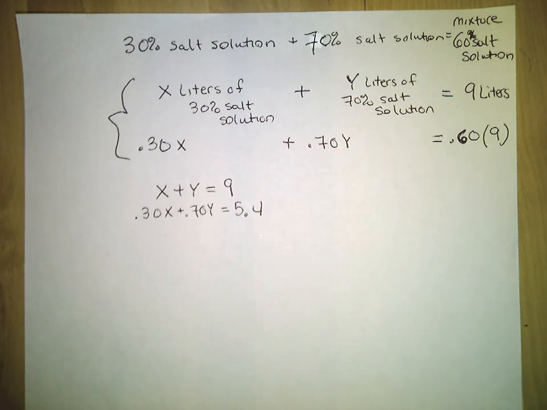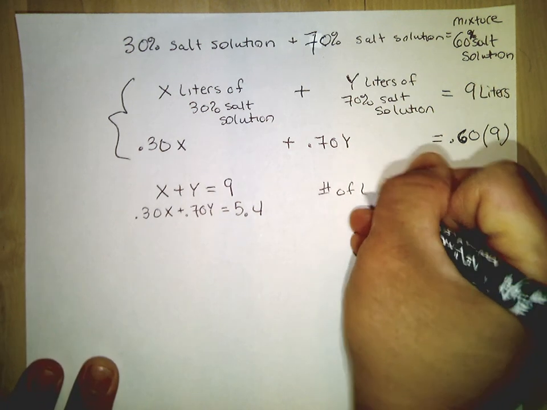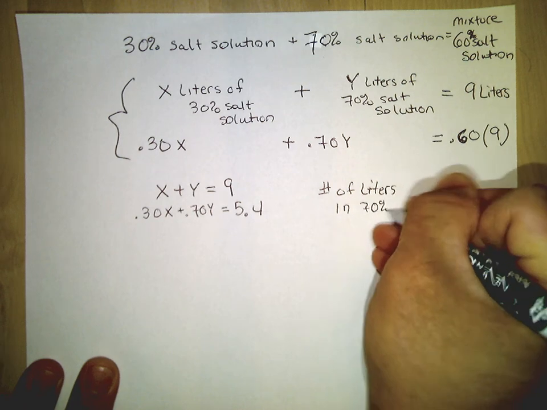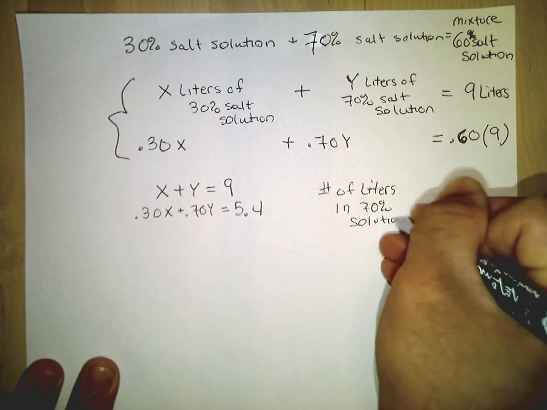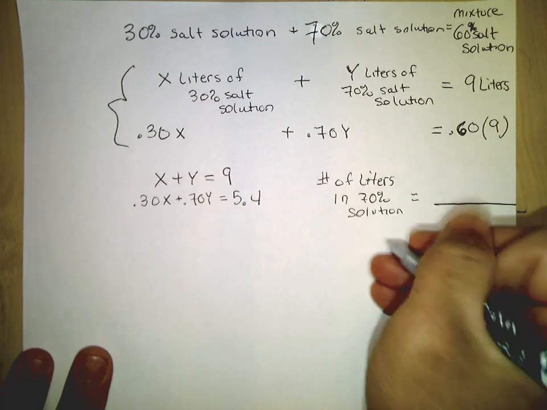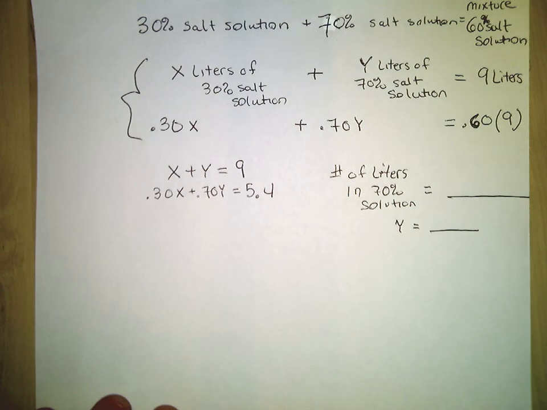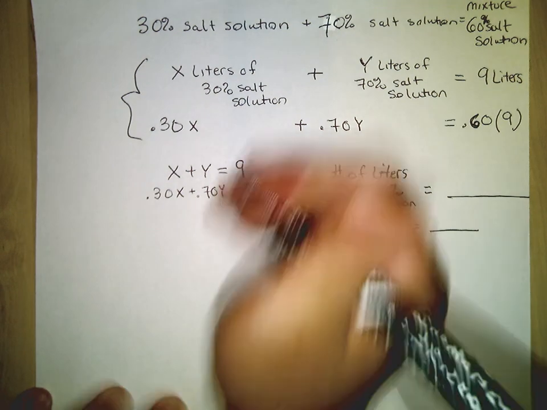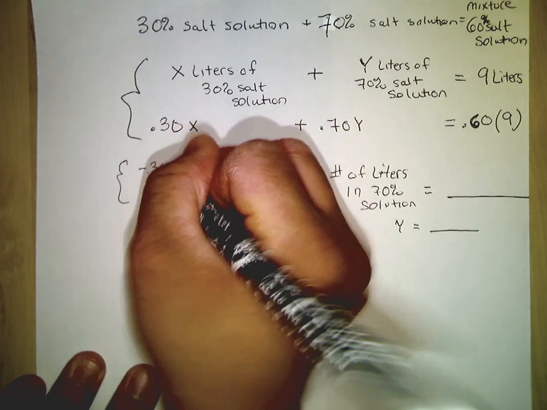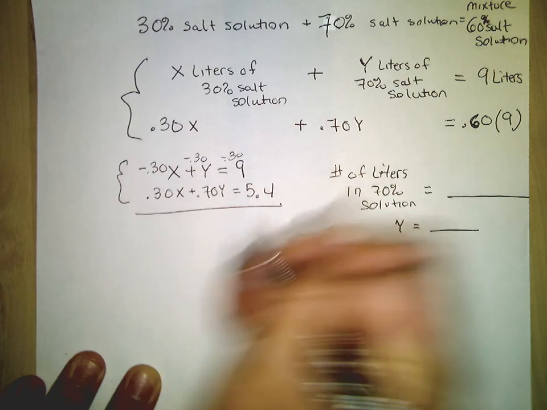And they want me to answer the number of liters in the 70% solution. So that means I need to find out what Y is equal to, so I need to eliminate the X. I can eliminate X by multiplying by negative 0.30.